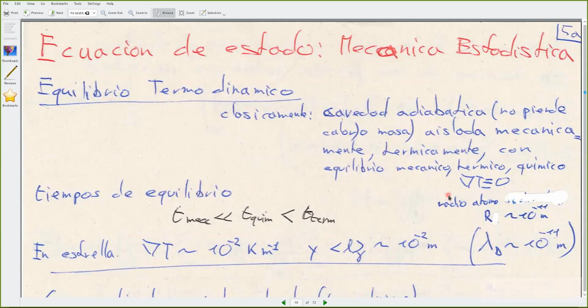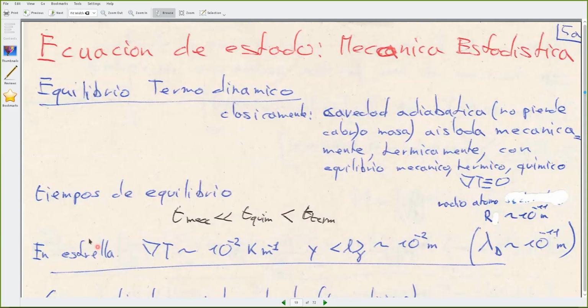This is not perfectly true, but we can see that the equilibrium time scale, the mechanical time scale, is definitely smaller than the chemical one, and smaller than the thermal. The chemical takes a lot of time, so you can also consider there's not a lot of movement of energy by thermal processes.